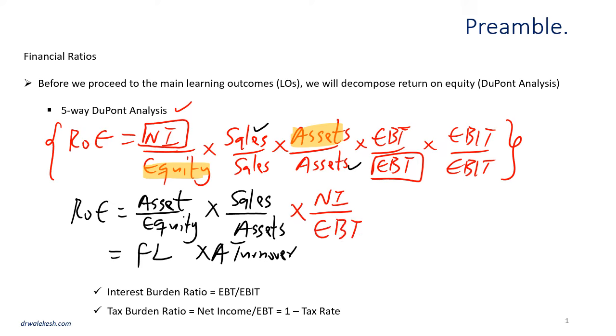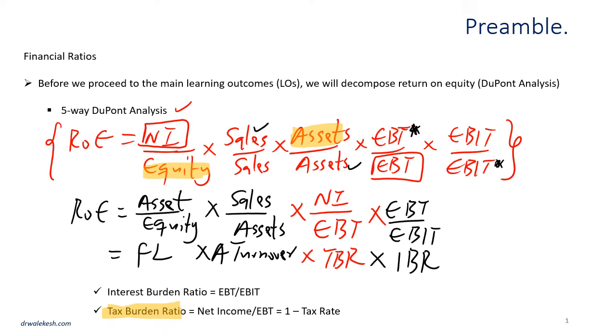Net income over EBT is what we call tax burden ratio, which we agreed here. Now still moving on, if I decide to go with this against this, that is EBT over EBIT. EBT over EBIT is what we call interest burden ratio, which is what we have here.